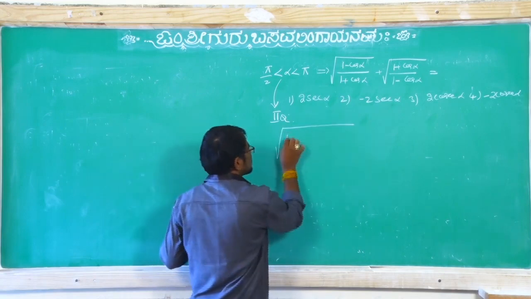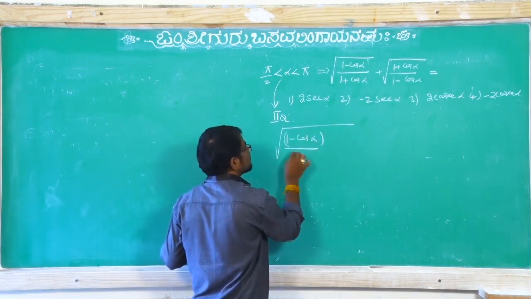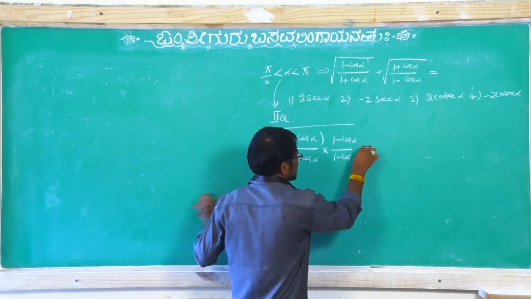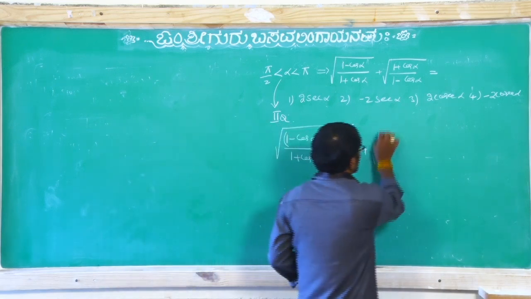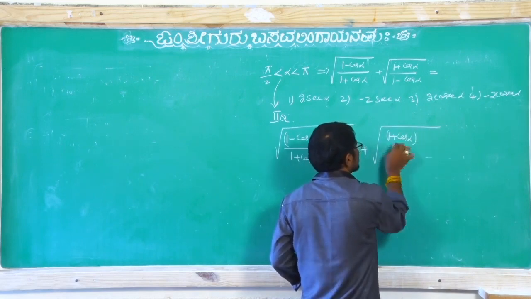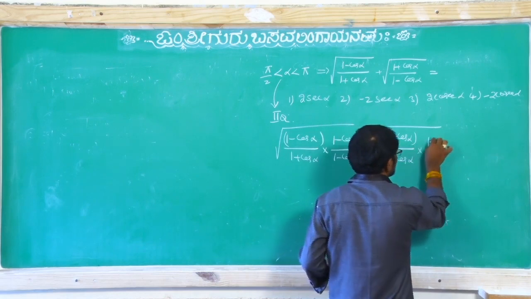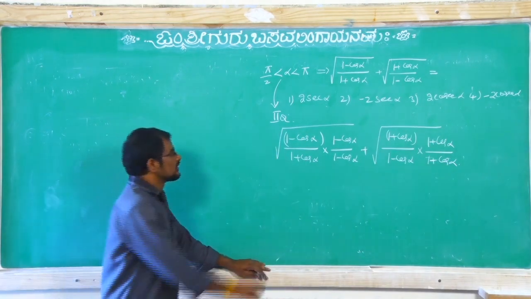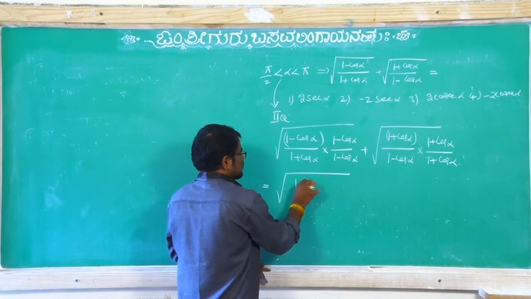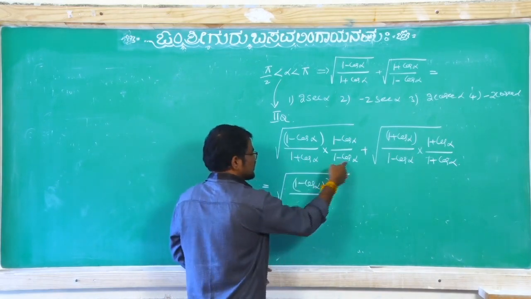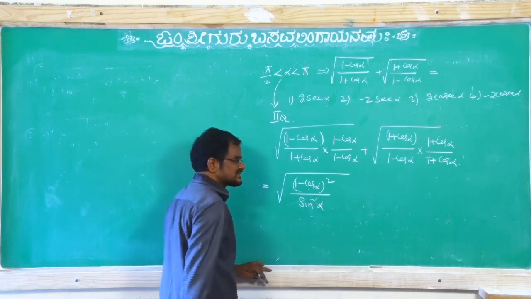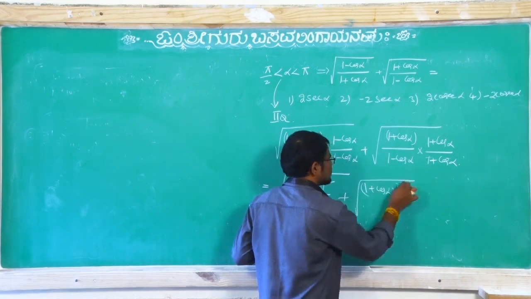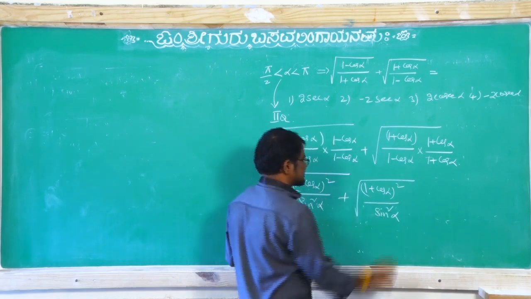Root of 1 minus cos alpha divided by 1 plus cos alpha, multiply and divide by 1 minus cos alpha, plus root of 1 plus cos alpha divided by 1 minus cos alpha into 1 plus cos alpha by 1 plus cos alpha, that is equal to root of what? 1 minus cos alpha whole square, by a plus b into a minus b, 1 minus cos square is sin square, plus 1 plus cos alpha whole square root of, this is also sin square.